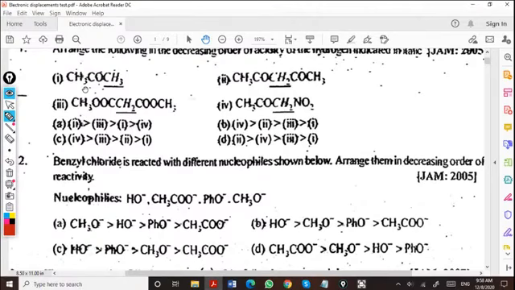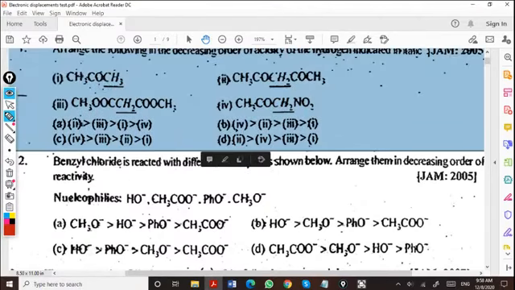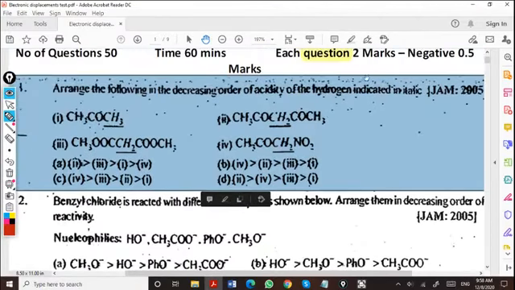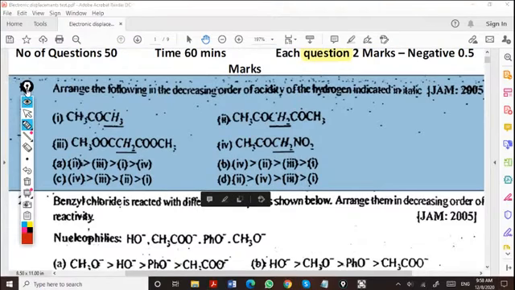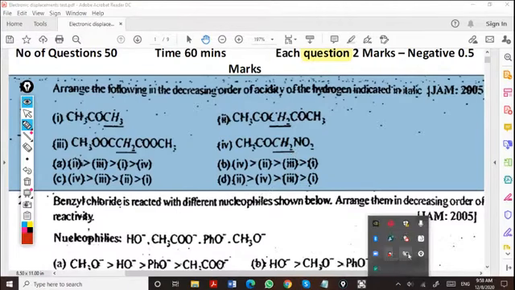So if I consider this is an acetone molecule, this is acetyl acetone, this is an ethyl acetate ester, and this is nitroacetone.